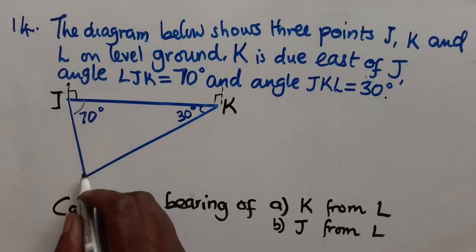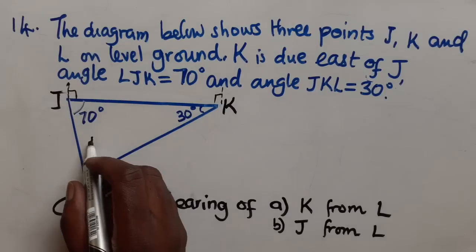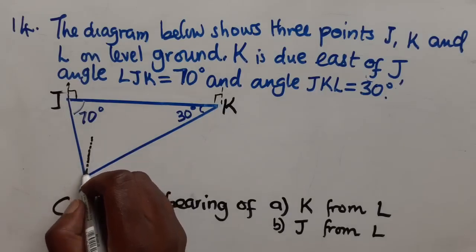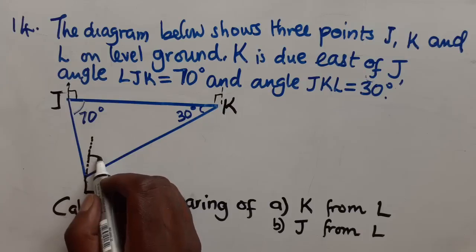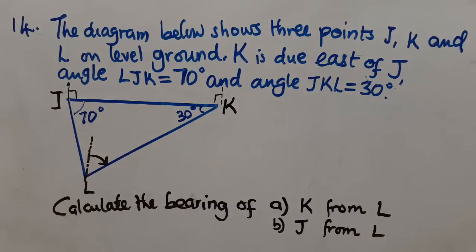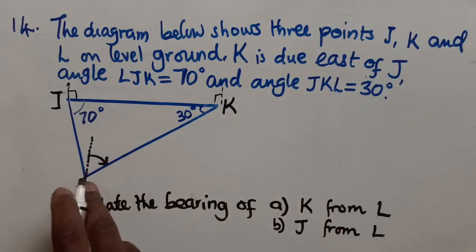At this point L here, we need to have a north. Then the angle that we want is this one. That is very, very important. The bearing of K from L.